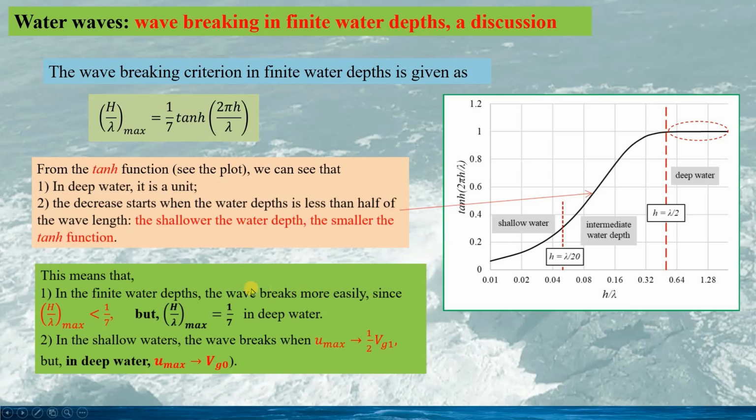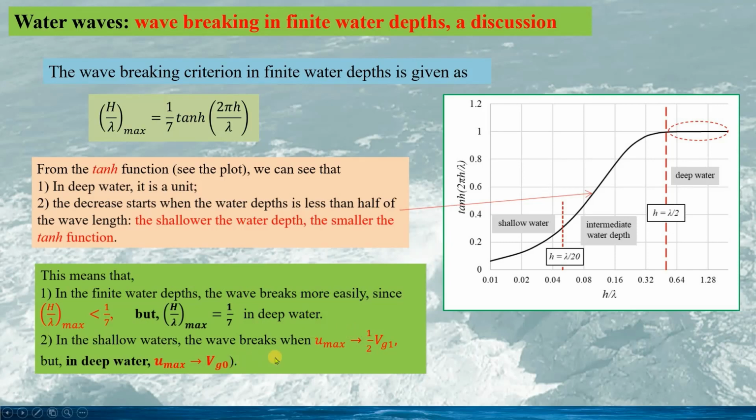Therefore, it can be understood that when the wave propagates from deep water to shallower waters, the limit of the ratio of h over lambda becomes smaller and smaller, less than 1/7, other than the ratio being 1/7 in deep water.